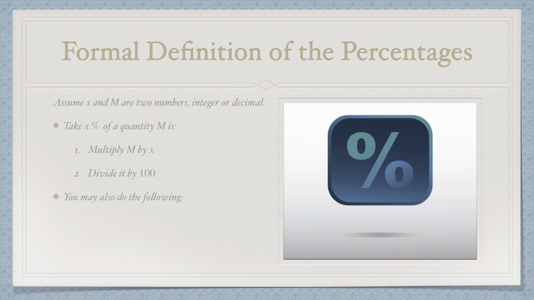You may also do the following to take x% of m. You may divide x by 100 to obtain y is x over 100. And then multiply m by y. Multiply m by x over 100.